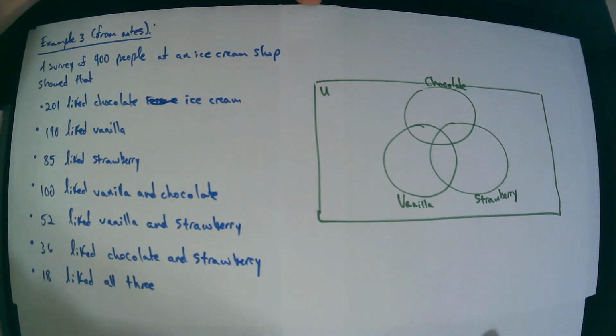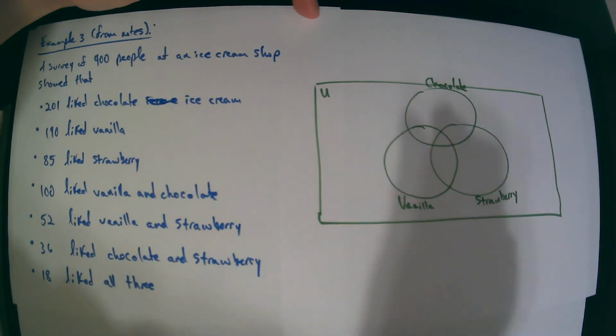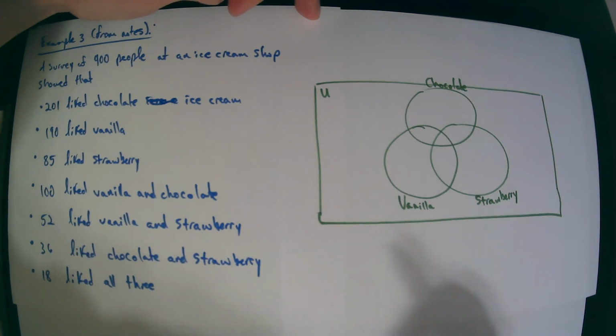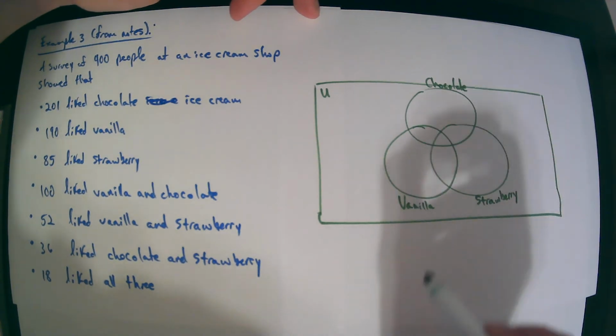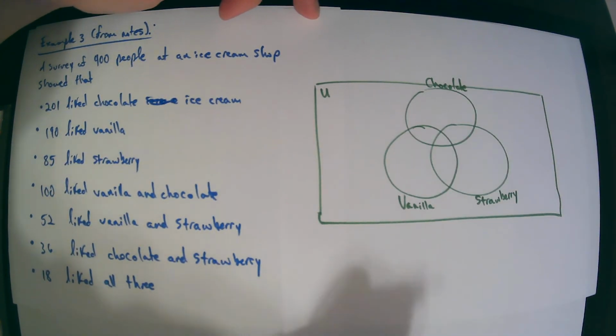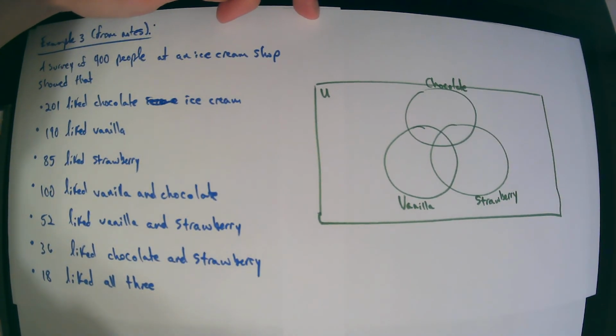Alright, so what we could do is just start arbitrarily writing numbers everywhere, because it looks like we've got all of the sets already written down, like 201 like chocolate, so write 201 out here, and 100 like vanilla and chocolate, so you write that in there, but that would not be correct. Okay, that would not be correct.